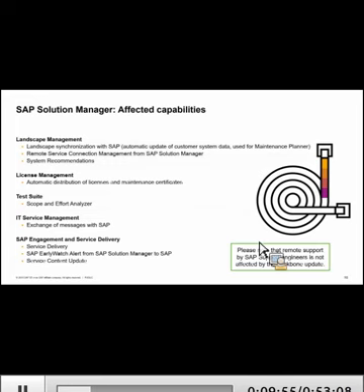Now, the typical question is: what are the impacted or affected functionalities because of this infrastructure change? I don't want to mention all the functionalities here, but just to name a few important ones. For example, license management. The automatic distribution of licenses and maintenance certificates, which is handled by Solution Manager, is of course affected.